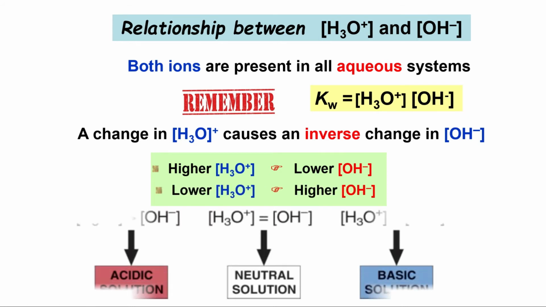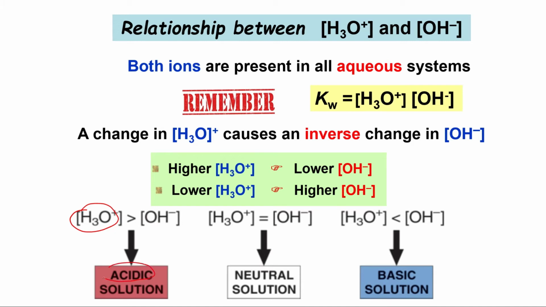Therefore, in a solution, whenever the concentration of hydronium ion exceeds the concentration of hydroxide ion, it's going to be an acidic solution. But when the concentrations of both ions are equal to each other, it's going to form a neutral solution. And when the concentration of OH minus ion, or hydroxide ion, exceeds the concentration of hydronium ion, it's going to form a basic solution.